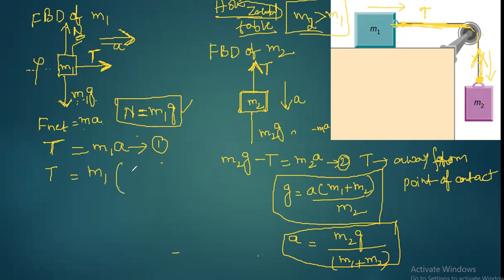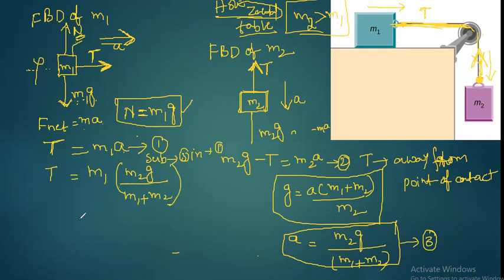So what you have to do is write one more step. You take this A as equation 3. Substitute equation 3 in equation 1. Let us substitute that, M2G divided by M1 plus M2.